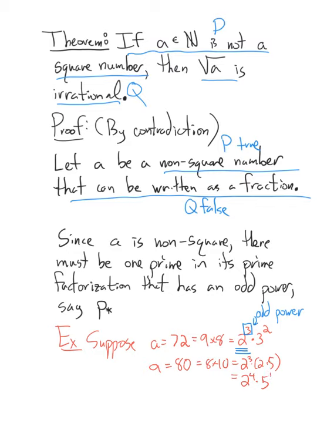I'll just put a 1 here, you don't need it. But my point is, here's our odd power. So the P star, in the case of A equals 80, is 5. So that's the prime we're pulling out. There might be more than one. I mean, 6 is 2 times 3, they're both 2 to the 1, 3 to the 1, so you could pick either one of these. But there's always one, so we're just going to pick one of them. That's what we're doing, as long as you have that in your mind.